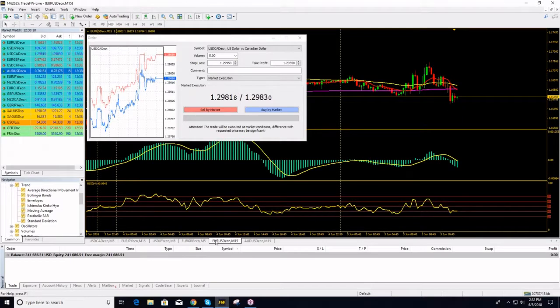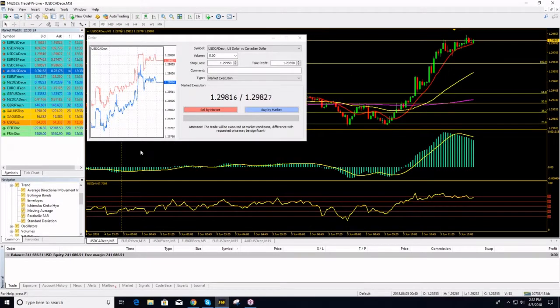Dollar yen, euro pound, euro dollar. Let's wait. One minute left.